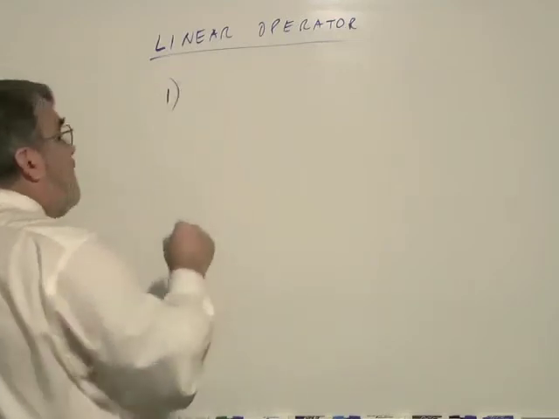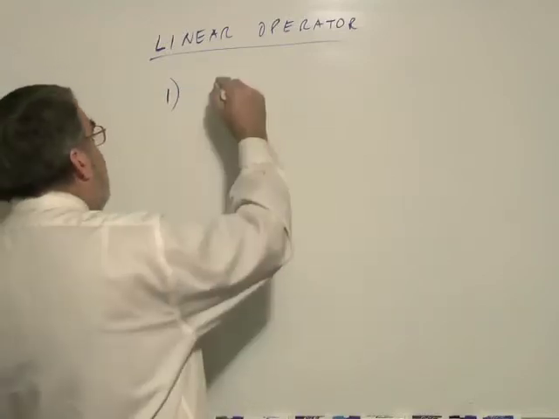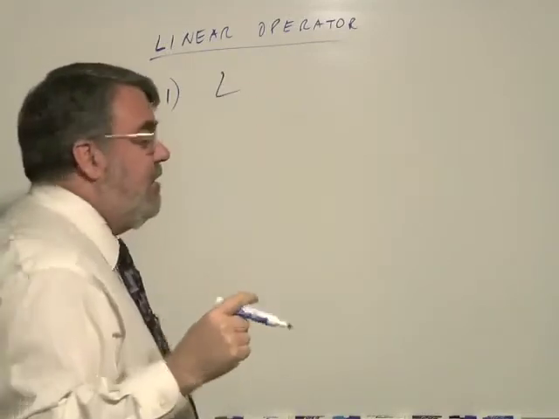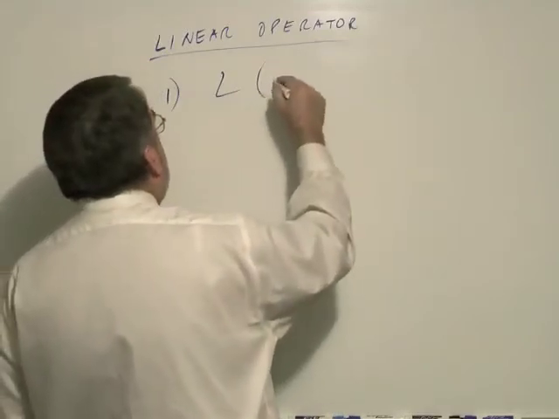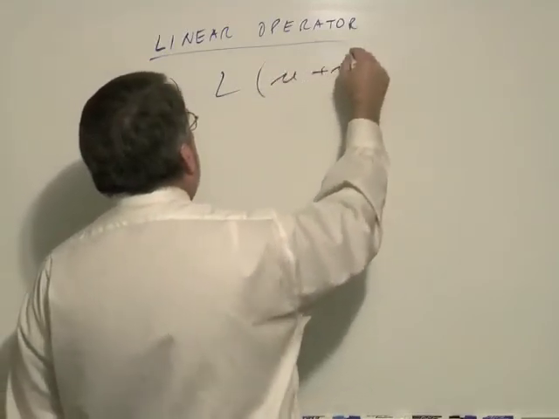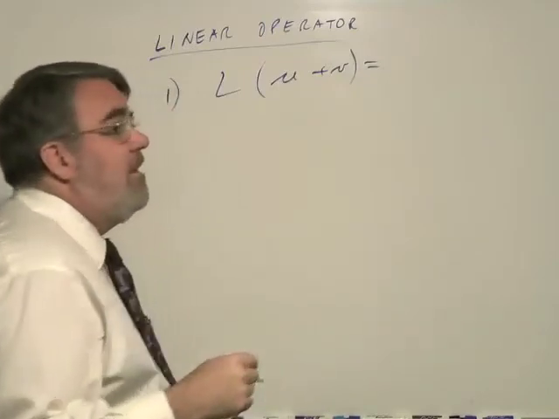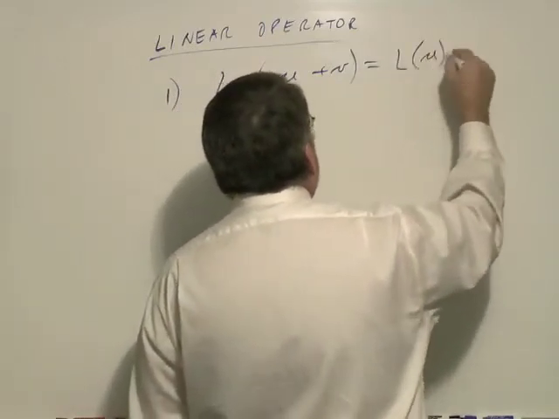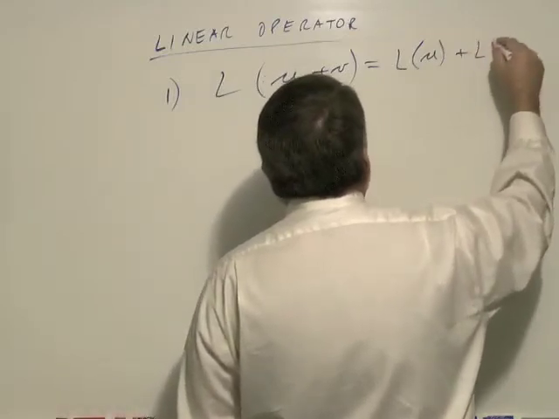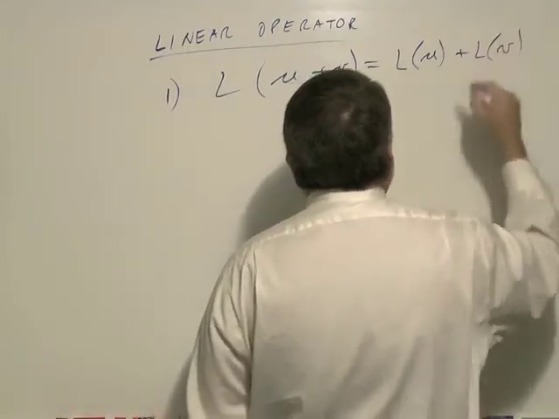The first property says that if the operator, which I'm going to call L, operates on the sum of two functions, u plus v, then it's going to equal the operator operating on u plus the same operator operating on v.